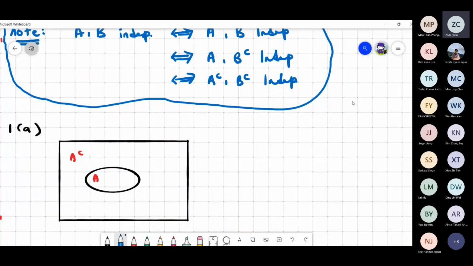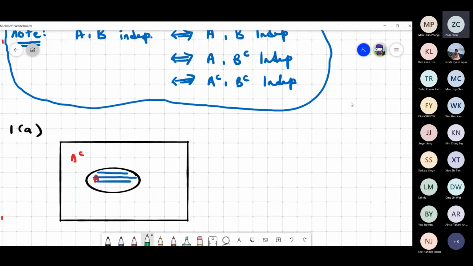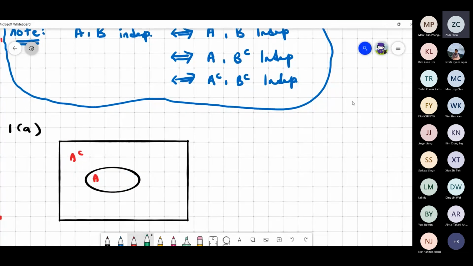So A will be the blue color, and the complement of A will be the green color.